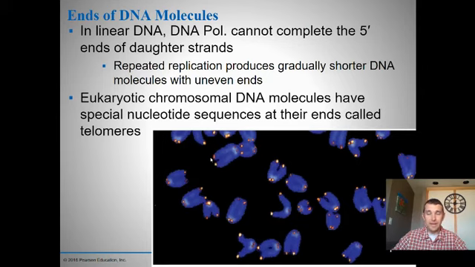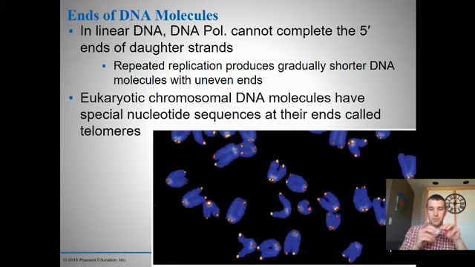So linear DNA, like what we have, eukaryotes have strands of DNA, chromosomes, right? DNA polymerase actually cannot get all the way to the end of the 5' ends of daughter strands. It's a limitation of being required to have a piece of RNA there as a primer to build onto.